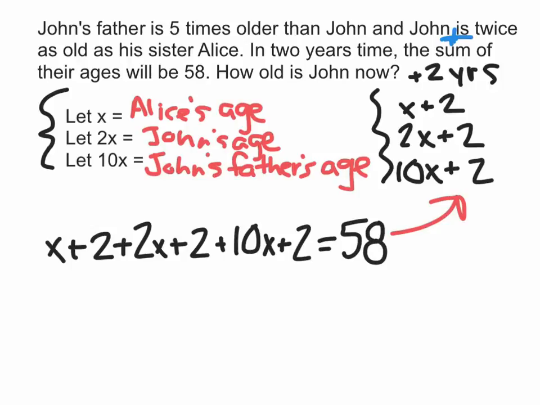So let's combine like terms. X, 2x, 10x is going to give us 13x. 2, 2, and 2 is going to give us 6.